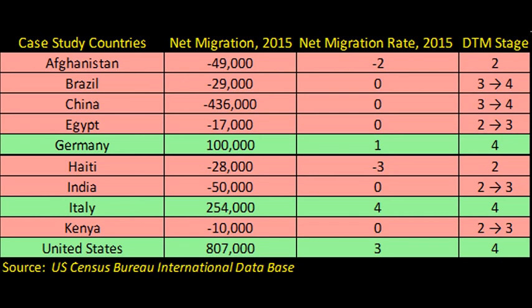Sometimes we're going to see migrants leaving those countries, but they definitely have a lot of people coming and a lot of people going, and so thus the net migration rate is 0. And so the case study countries help to further showcase what I've mentioned in the previous examples as far as the migration transition model. We see in stage 2 and stage 3 countries people are leaving. Where are they going? They're going to stage 4 countries.